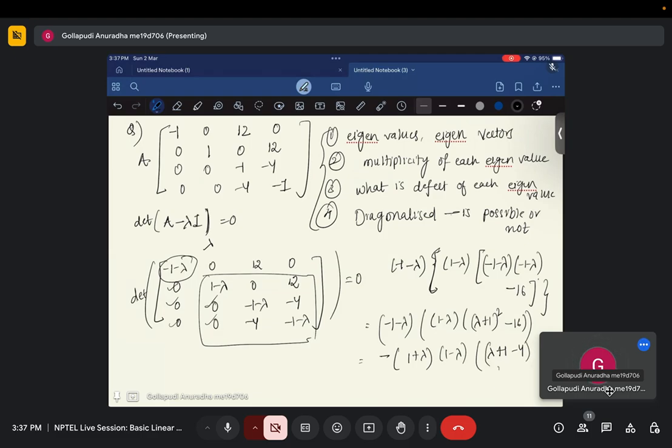minus 4, lambda plus 1 plus 4, right? So we can factorize it like this.